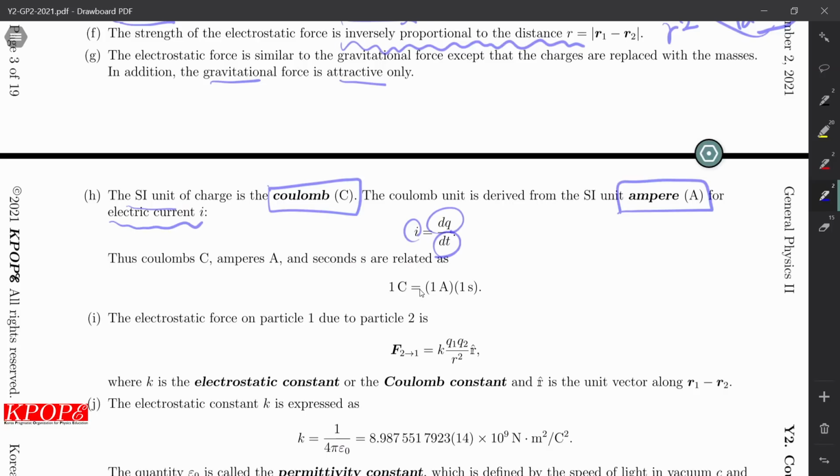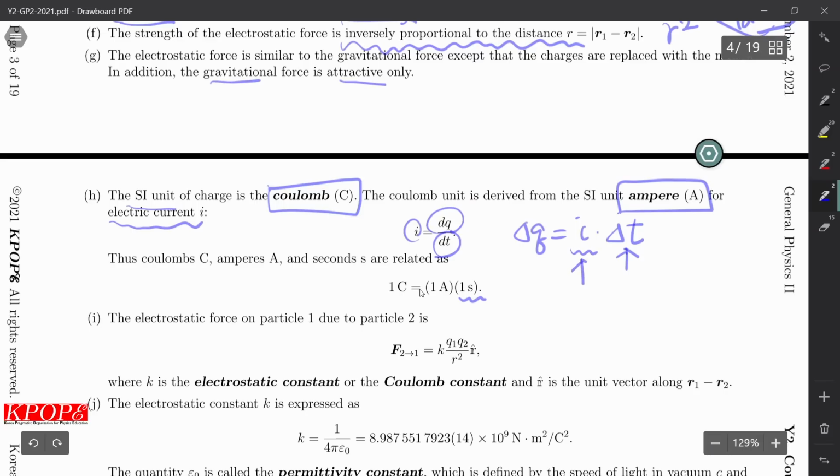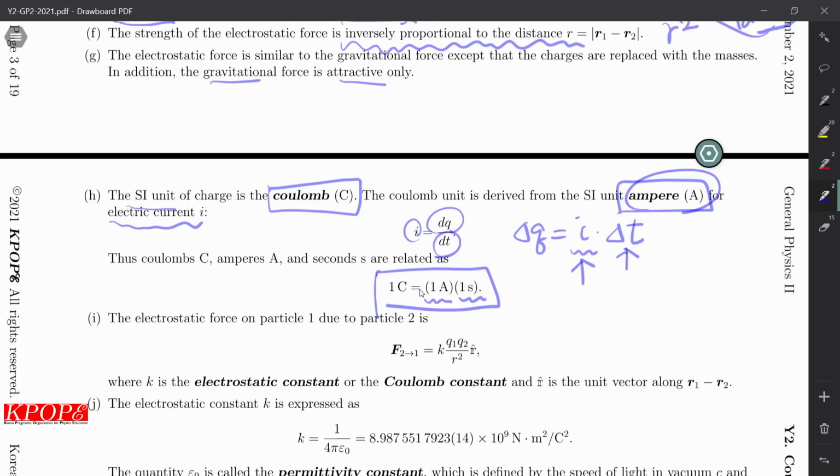Therefore, delta Q is I times delta T. This is time, in seconds. The SI unit of current is ampere, so 1 ampere is here. So 1 Coulomb is defined by 1 ampere multiplied by 1 second.